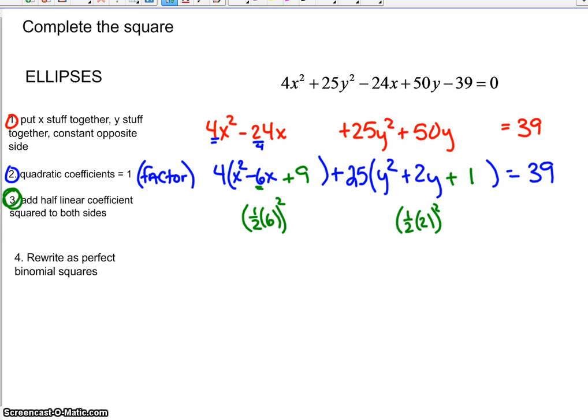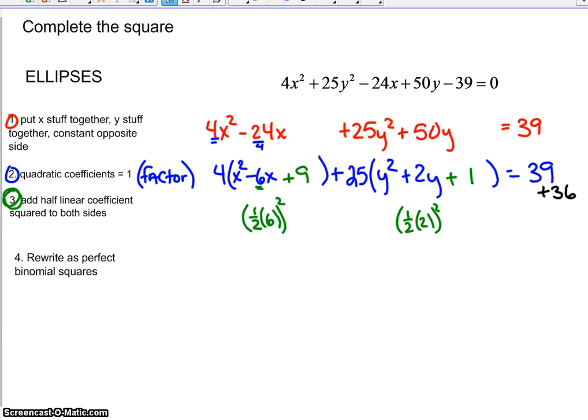But now I didn't just add 9 and didn't just add 1. If I think about multiplying this 4 back through, that's a 4x squared, there's a negative 24x, and what is now part of this expression that wasn't there before is a positive 36. So what I actually did was add 36 to both sides.